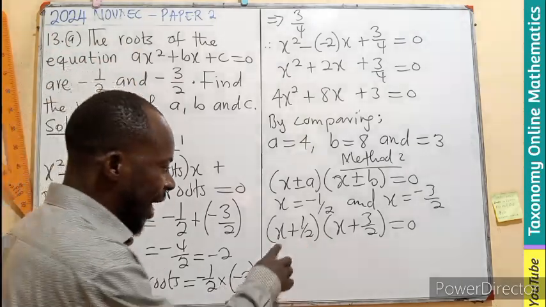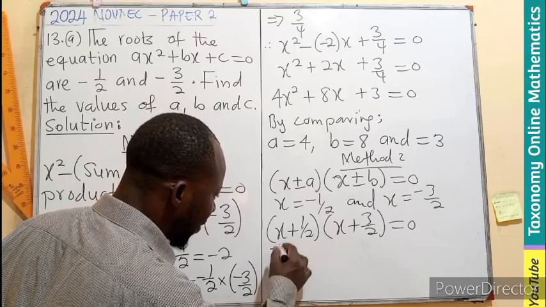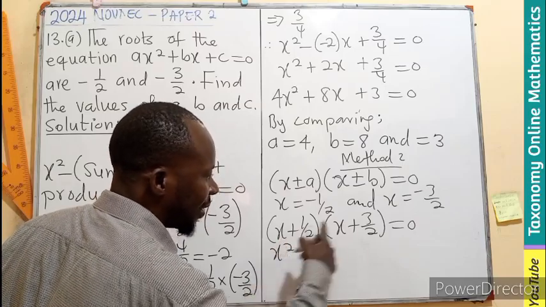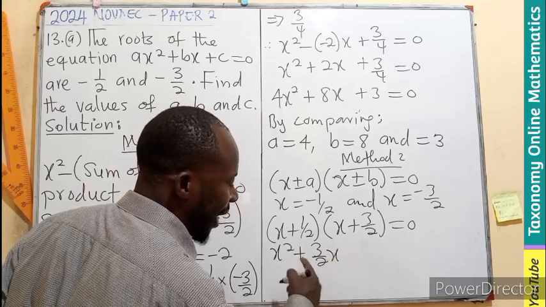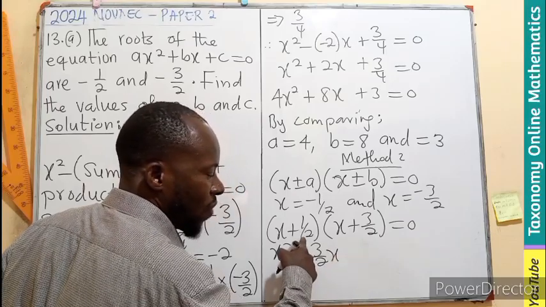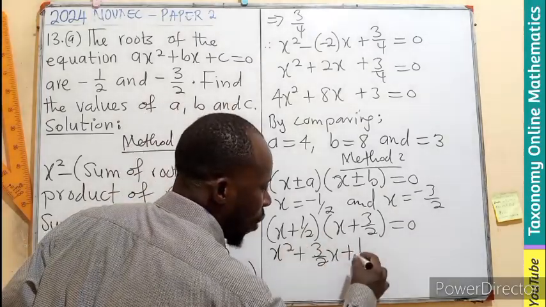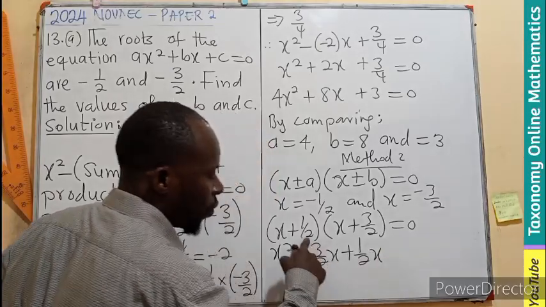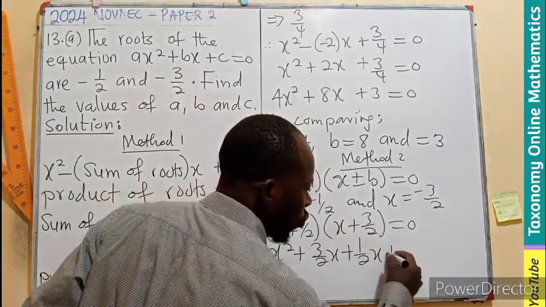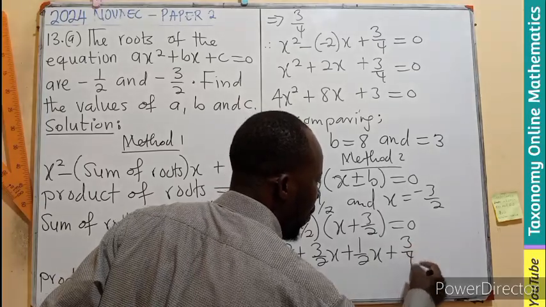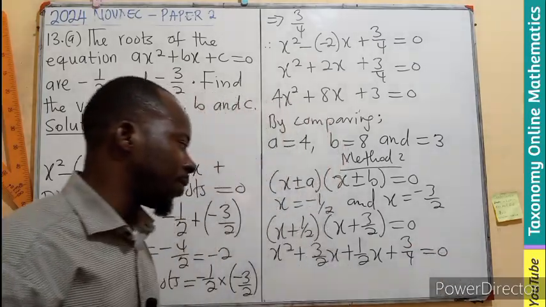So what do we do? Let's expand. x times x will give us x squared. x times 3 on 2 will be 3 over 2 x. 1 over 2 times x will be 1 over 2 x. 1 over 2 times 3 on 2 will become 3 on 4 equals 0.